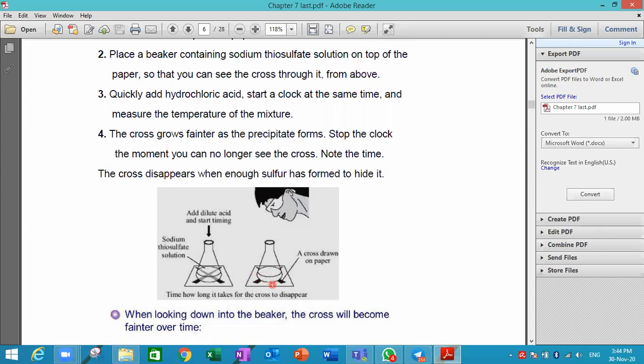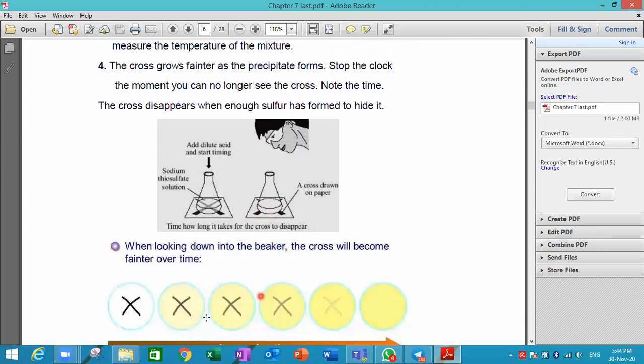So here at the beginning, we were able to see the cross clearly. And then with time, the cross starts to fade until at a certain instant, we cannot see the cross at all. So we stop our stopwatch and measure the time from the beginning of the experiment till the time that we cannot see the cross anymore.